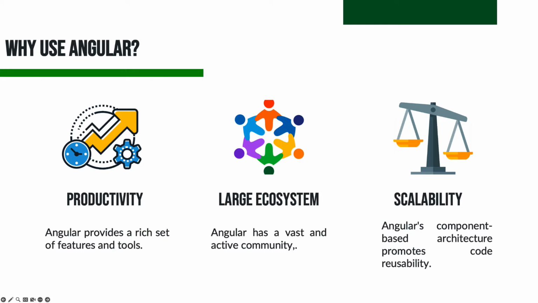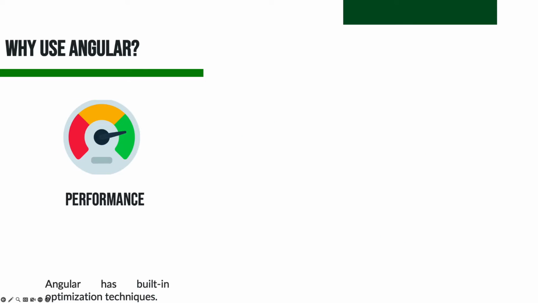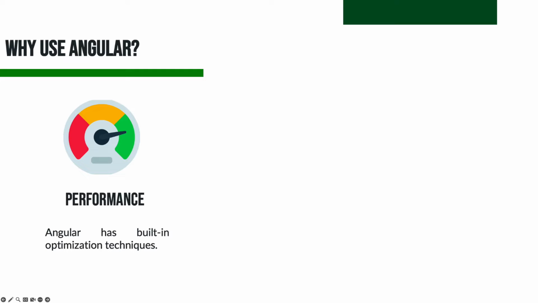Scalability. Angular's component-based architecture promotes code reusability, making it easier to scale and maintain large applications. And then performance. Angular has built-in optimization techniques such as change detection and lazy loading to enhance application performance.